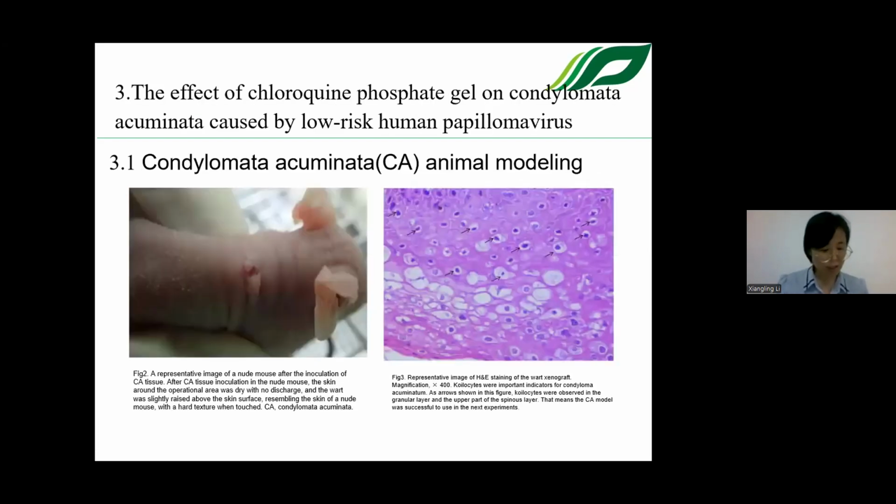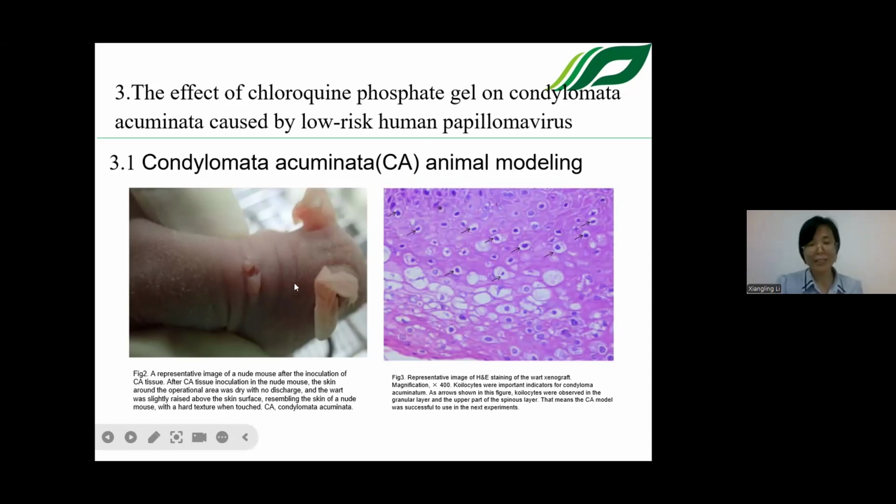Okay, after we got the stable gel, we wanted to know if the gel really has an effect on HPV-induced disease. So we tried to build a CA animal model. We transplanted the disease site of a CA patient to the back of a nude mouse.